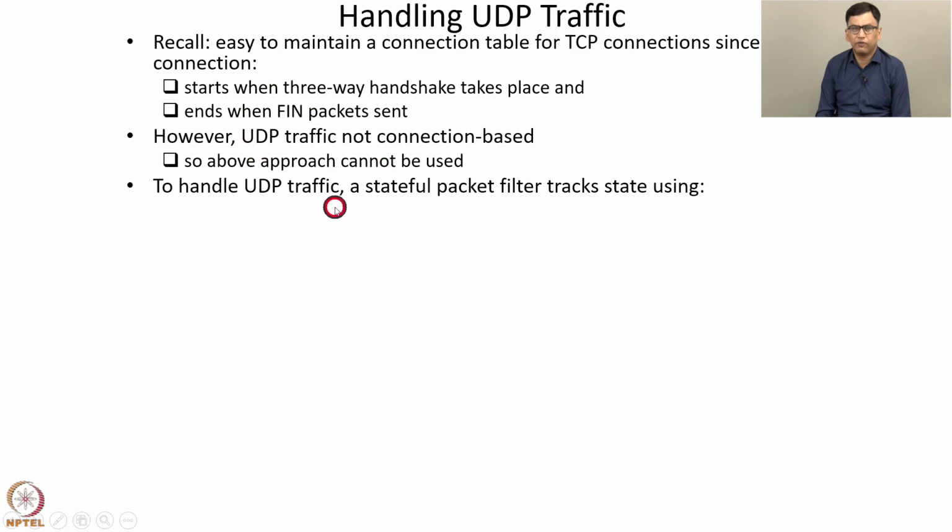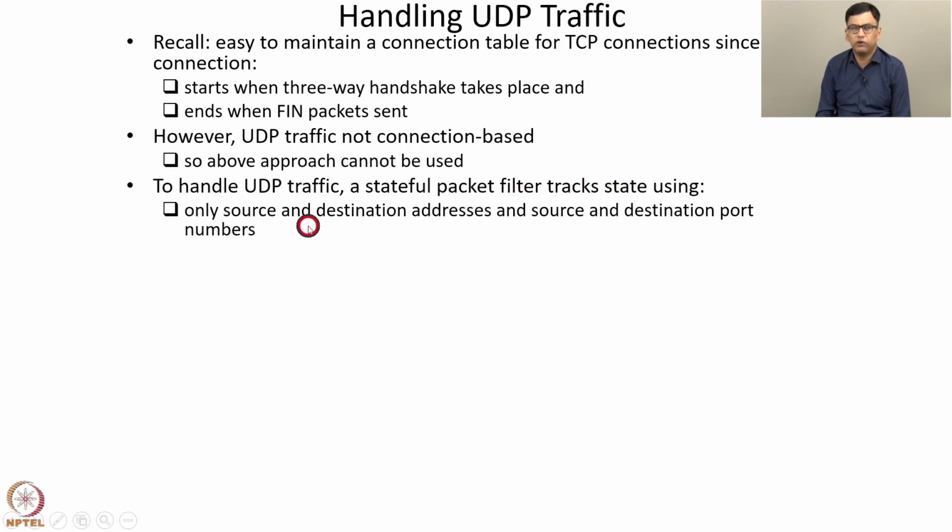So to handle UDP traffic, a stateful packet filter tracks the state using only the source and destination IP addresses and the source and destination port numbers. So for example, if a host inside the organization's network sends a query to a DNS server outside the organization's network, then the stateful packet filter can store the state, which means that a host from inside the organization's network has just sent a DNS query to a DNS server from outside the organization's network.